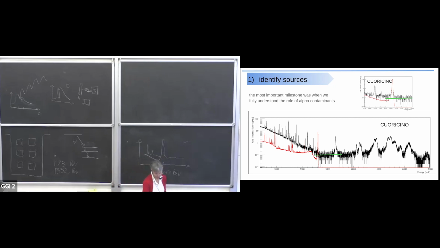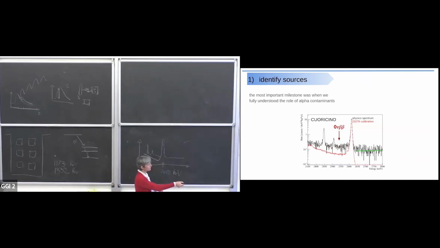Okay, so the other point, let me come back. From this comparison, what I learn is that since I see this thallium peak in my black physics spectrum, I should expect that there are also events related to this thallium peak that populate this energy region, because this is exactly what I see in the calibration.